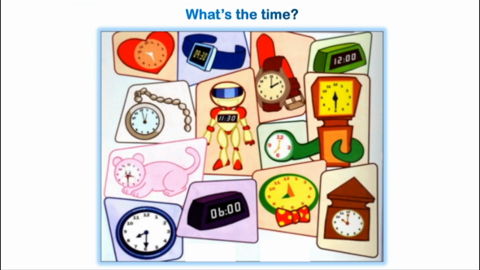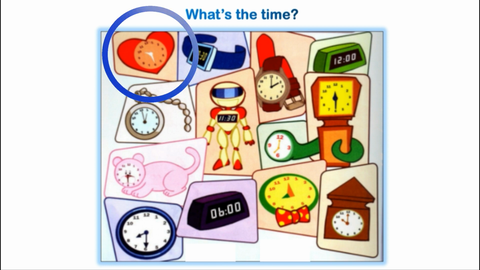Wow, there are so many clocks in here. What's the time? Let's start with the heart-shaped clock. The short hand shows at 10 and the long hand shows at 6.